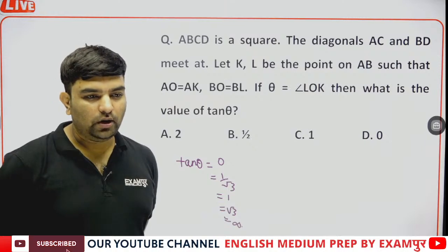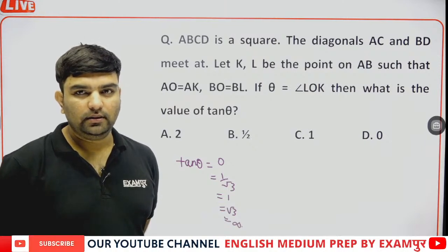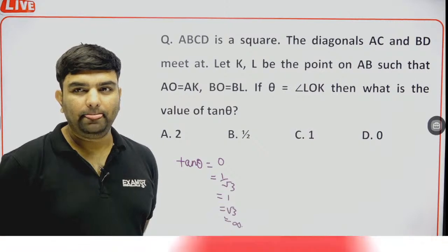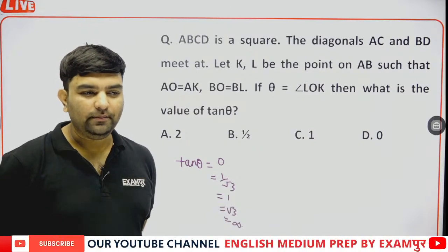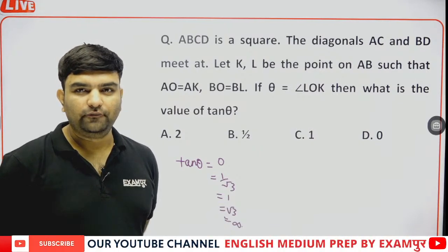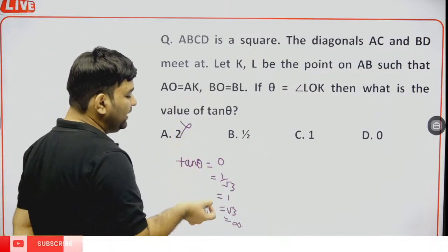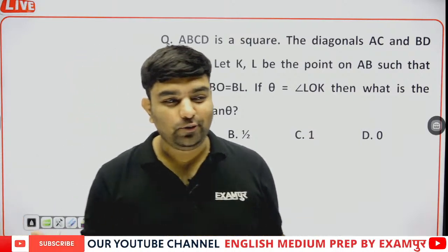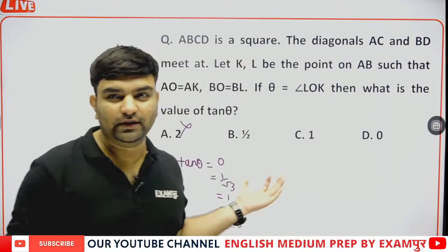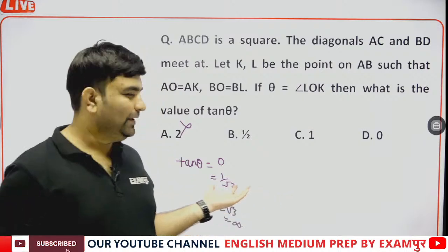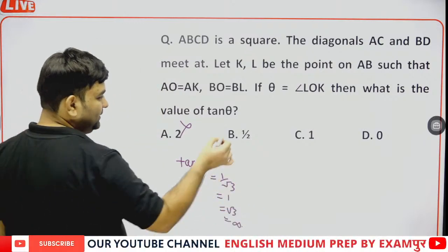So how many of them are in the options? 2, guys. How can you get to know any theta whose values you don't know? So this is gone.